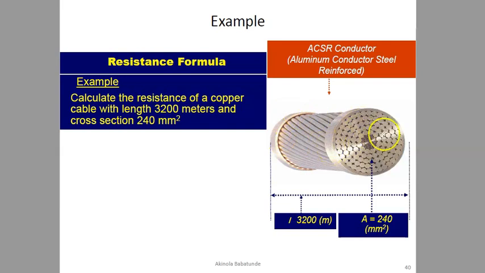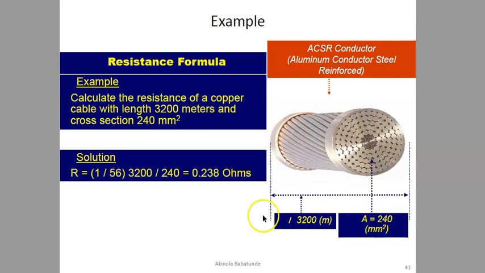Let's assume this is a copper cable, and the length is from this edge to this edge, that's 3,200 meters, and then the area would be the area of the cross-section, as you can see here, that is 240 square millimeters. All right, the solution would simply be R equal to rho, which is 1/56 for copper, multiplied by the length 3,200 divided by cross-sectional area, which is 240, and that gives us 0.238 ohms.